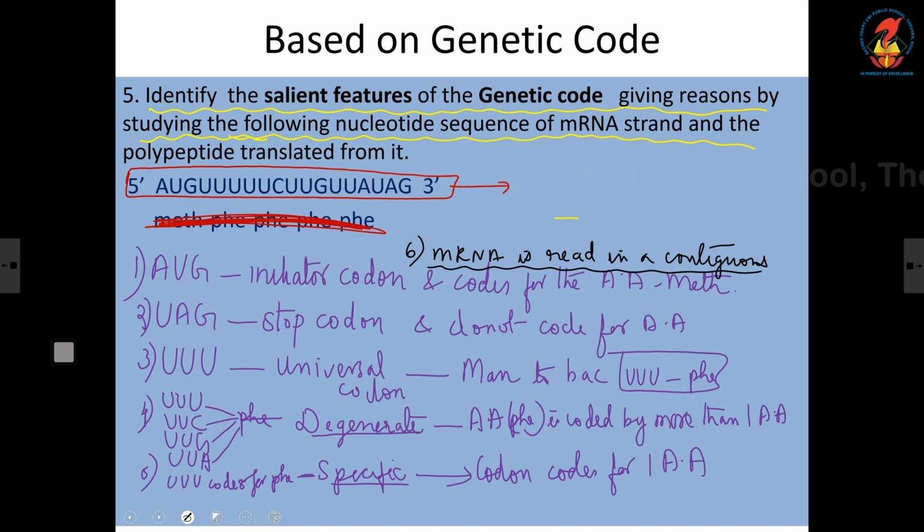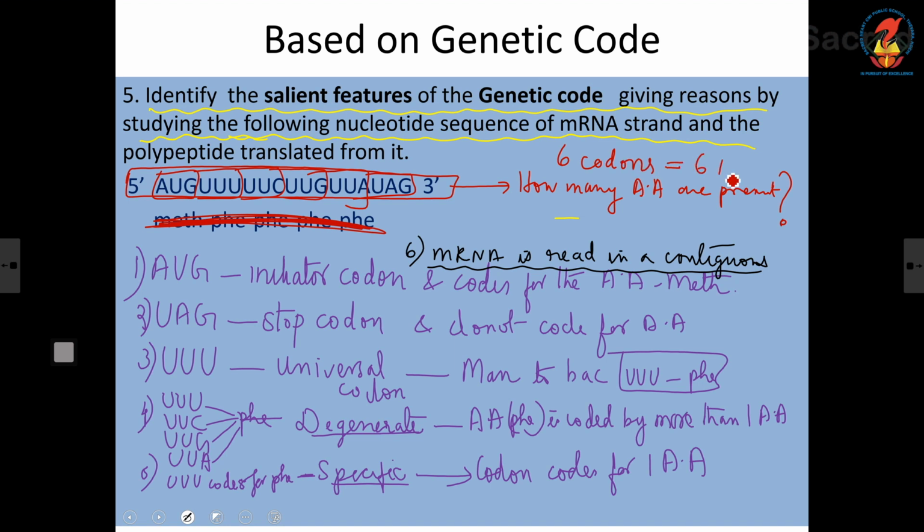With this sequence, they will ask you how many amino acids are present in the protein that is going to be translated. So, you count the codons, 1 demarcated, 2, 3, 4, 5, 6, 6 codons. Does 6 codons correlate to 6 amino acids? No. In this case, we see the last codon, UAG, does not code for any amino acid.